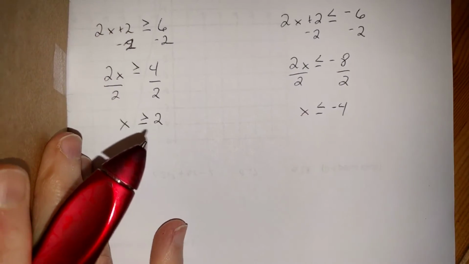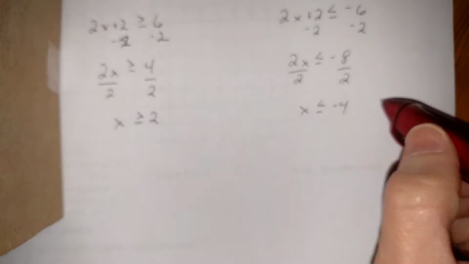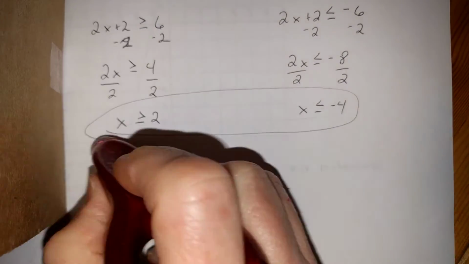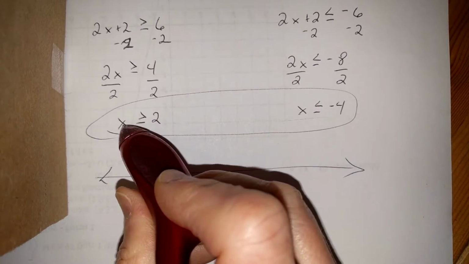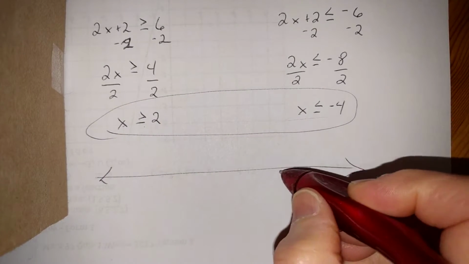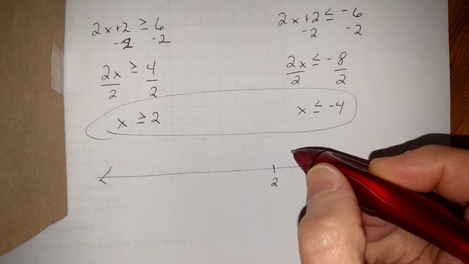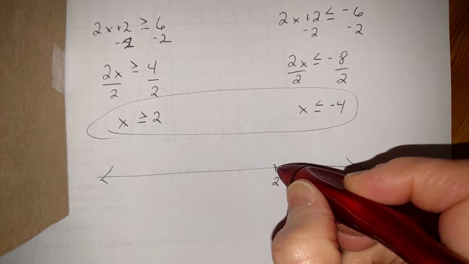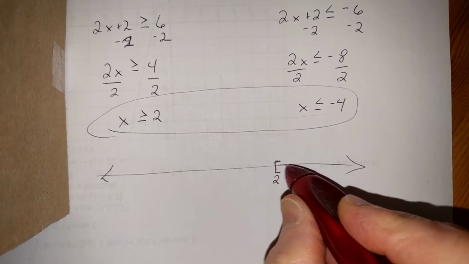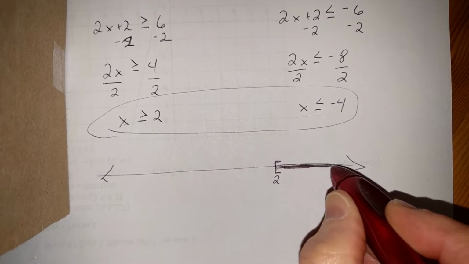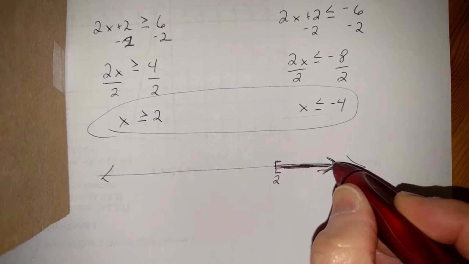So now I have my two directions. If there's any confusion on this, just put a little sketch here. X is greater than or equal to 2, so if I call this 2, x is greater than or equal to, and that would be a square bracket going up from 2.